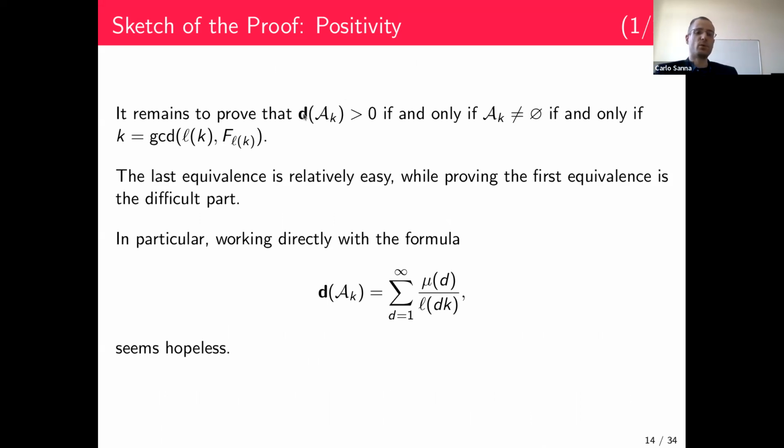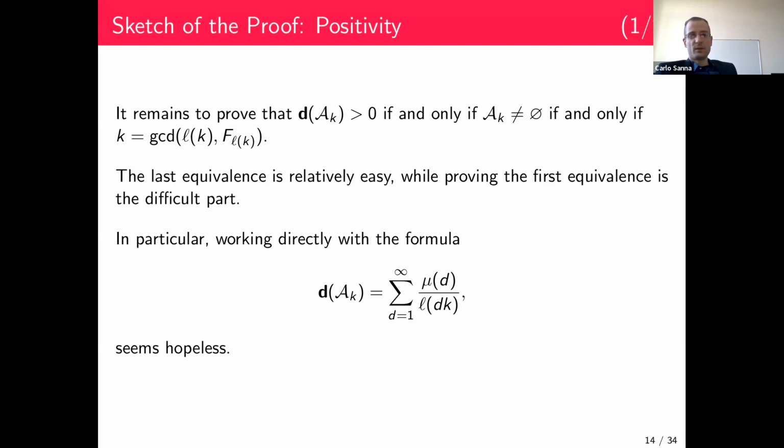So it remains to prove that the natural density is positive if and only if the fiber is not empty. In turn, if and only if this equality holds, k is equal to the GCD of L_k and F sub L_k.